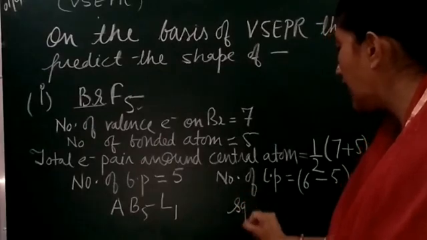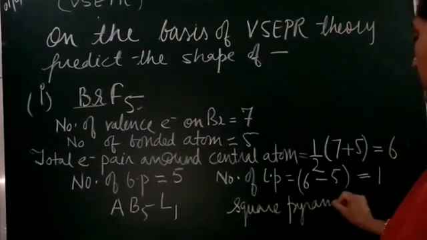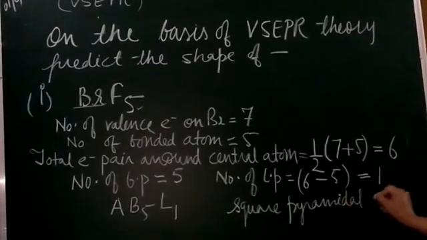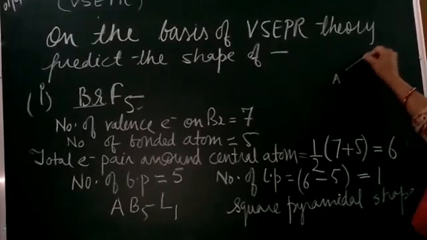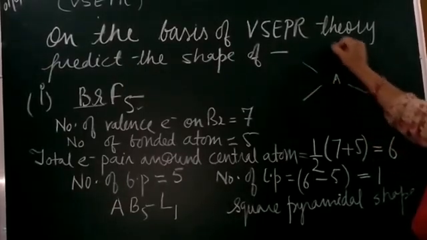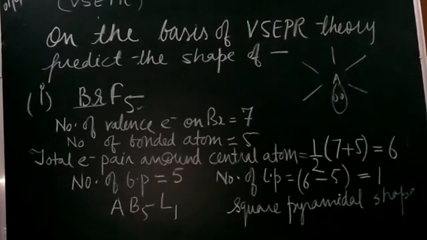So the molecule will have a square pyramidal shape, right? If you remember how we have done this, one lone pair will be present here. In this way you have to attempt these questions.